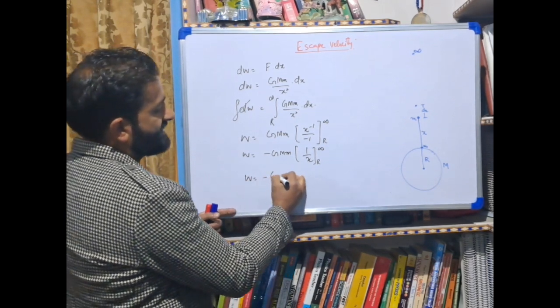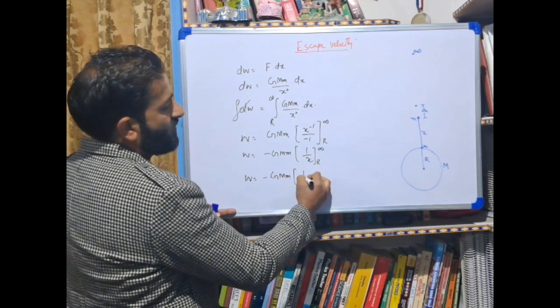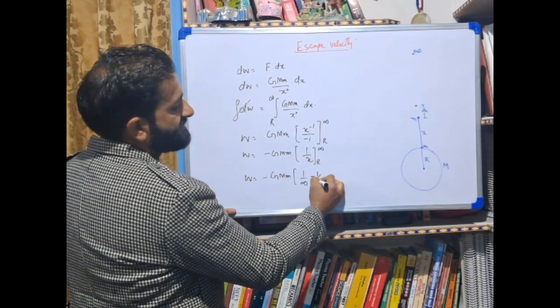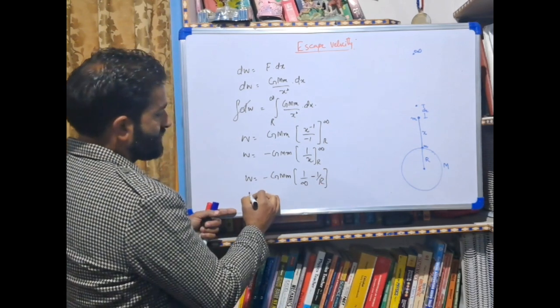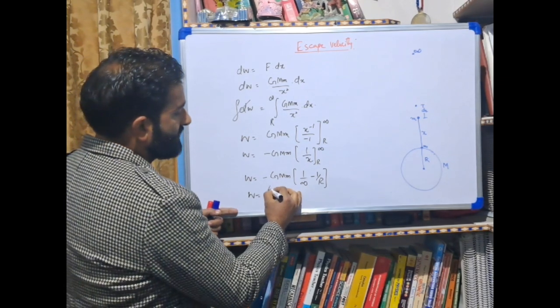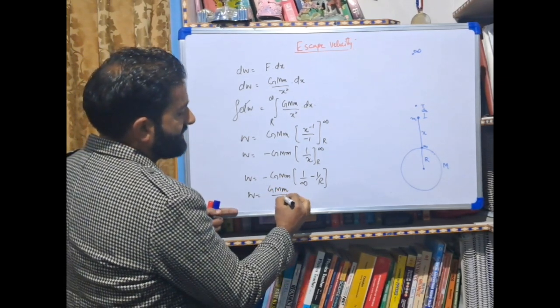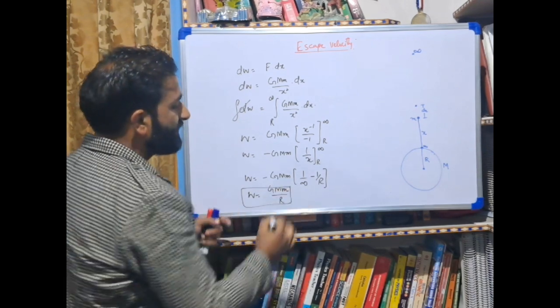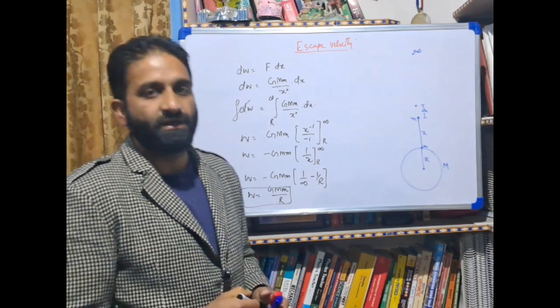W is equal to minus GMm (1 by infinity minus 1 by R). So 1 by infinity is equal to 0, minus minus is plus, so W is equal to GMm divided by R. So the work to be done is equal to GMm divided by R.